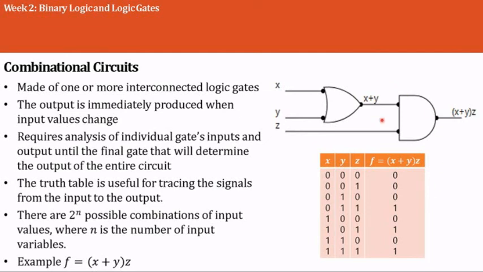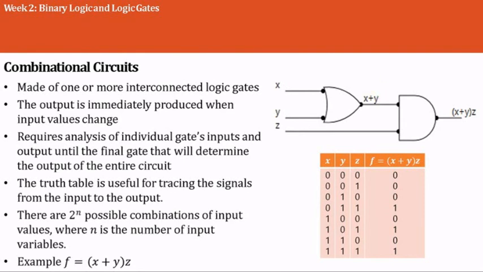As for our combinational circuit, we can actually substitute all these possible combinations for X, Y, and Z, and evaluate each gate. For example, let's select 1, 0, 1: X is 1, Y is 0, and Z is 1. So 1 or 0 is 1, right?